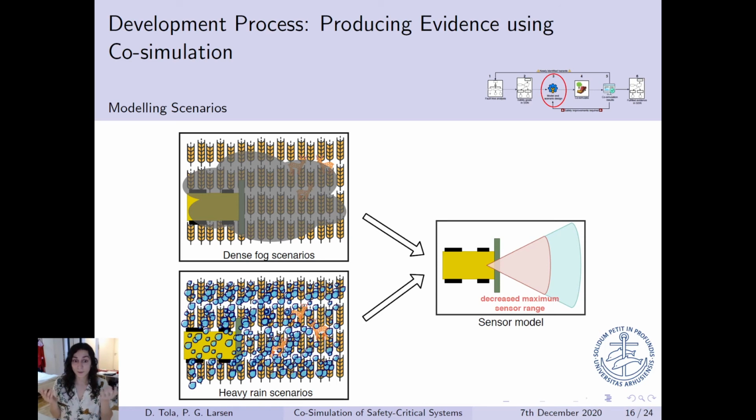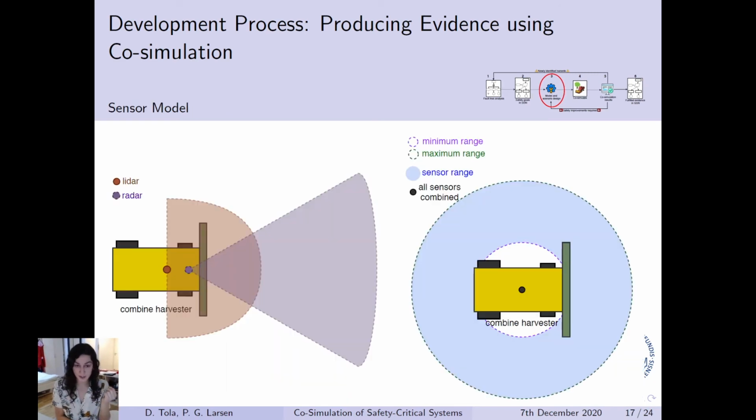So we can, in principle, combine these 2 environmental conditions into one sensor model where we can adjust it using a parameter.